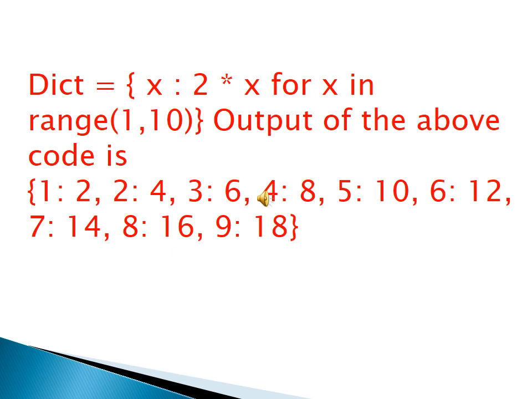Next one, what is the output for the above code? Start from 1 and in the range of 9. What is the value of x? Here first it will take 2. Then next one, 2 into 2. The x value becomes 2 into 2, means 4.